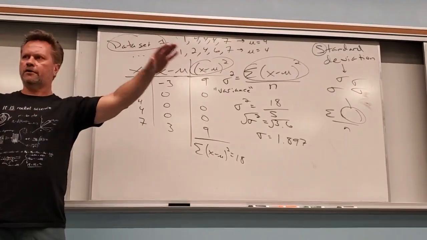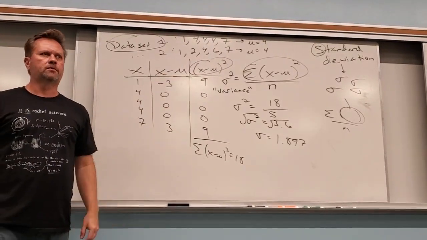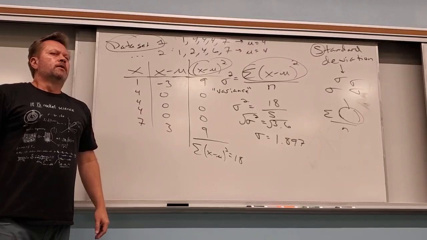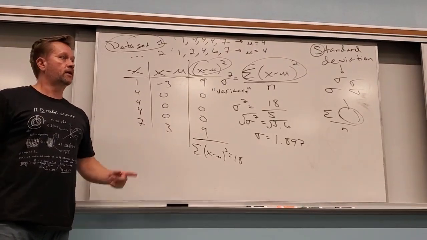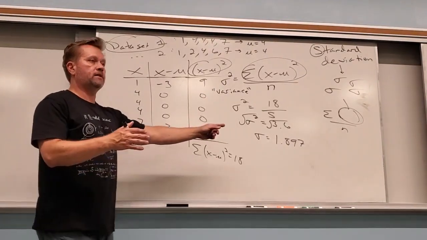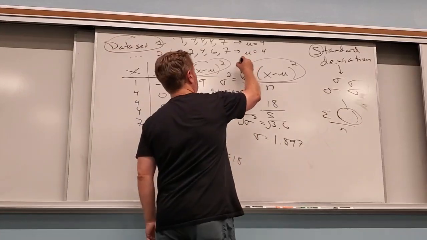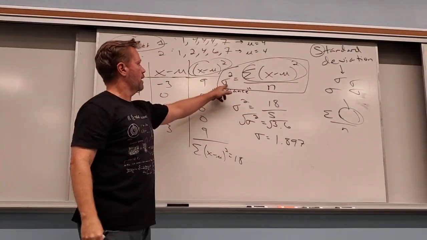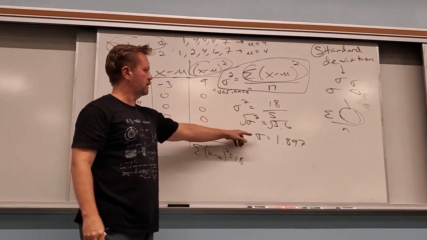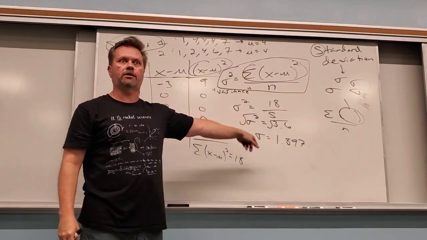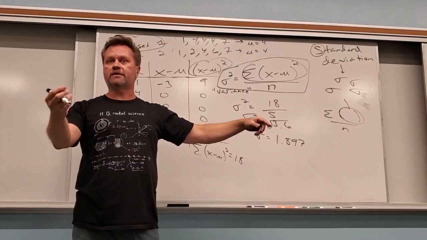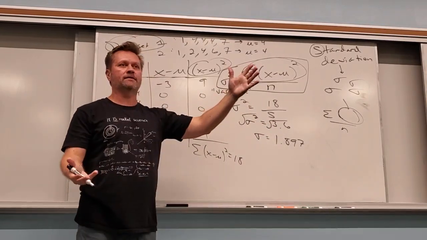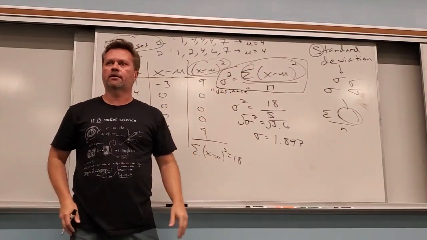On average, how far did the data points get from the middle? 1.897, exactly. So this is our next official formula. That is the population variance, and this is the population standard deviation, Greek letter, right? So if it was a sample, we would just use the letter S. We would use our letter instead of the Greek letter.